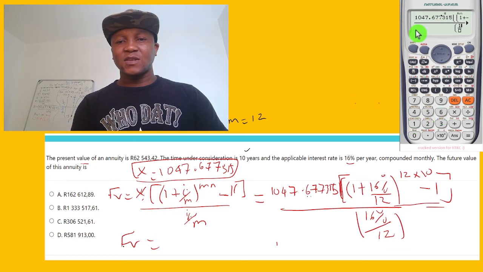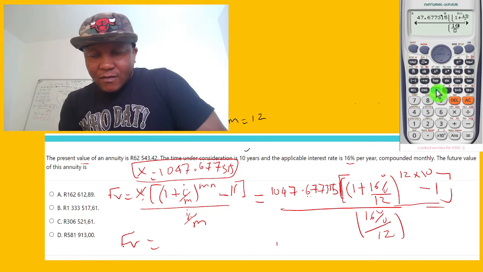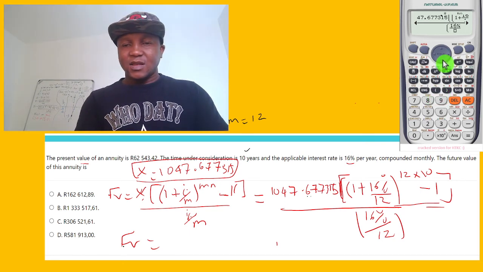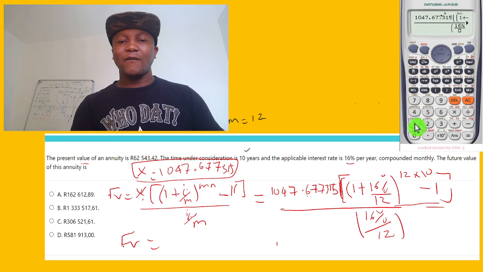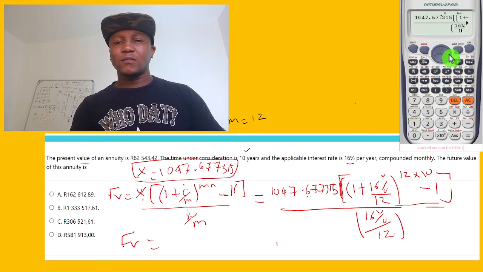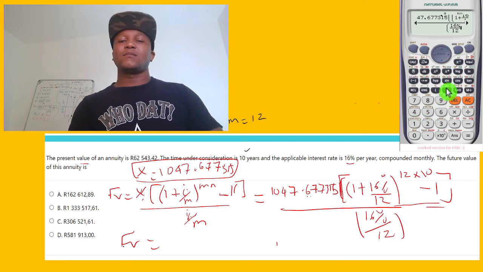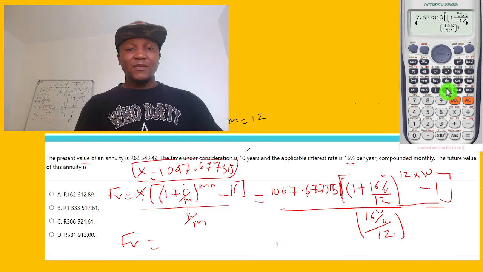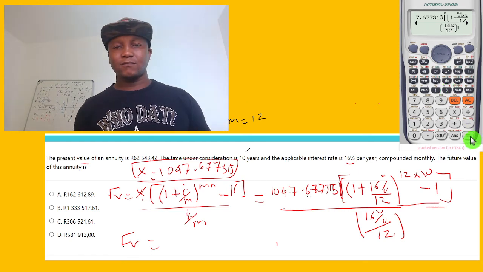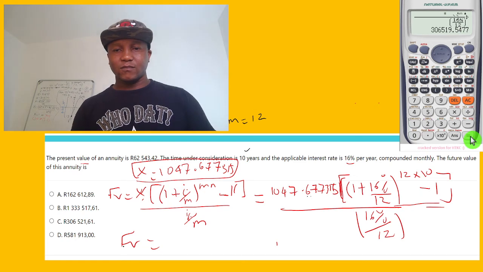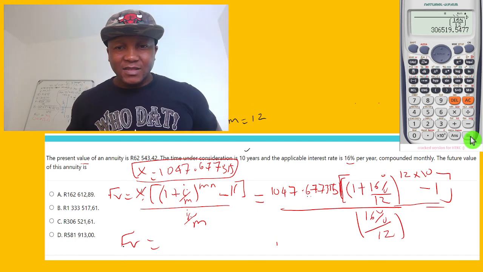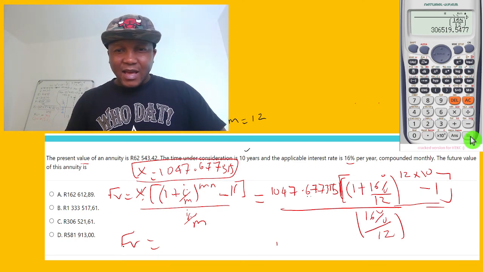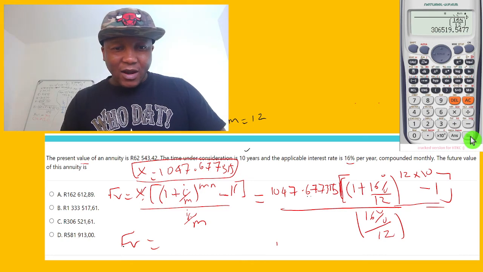So 1, 6, shift percent. Then we divide by how it's compounded, 12. Close the bracket, and it gives you the answer: 306,519.